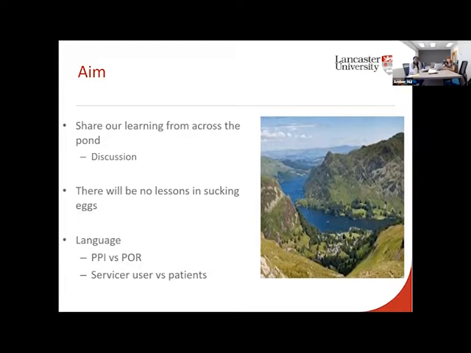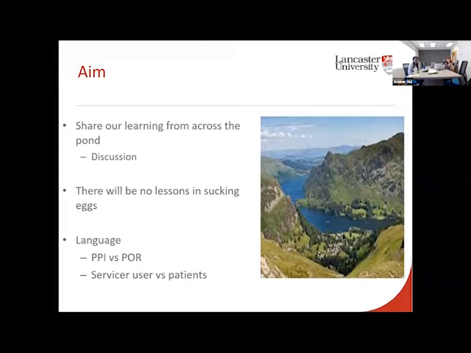Before we start, I just wanted to say a couple of things about language. I'm going to use the term public patient involvement, which is the language that we use in the UK for what I think you call patient-oriented research. Public patient involvement is defined as research carried out with or by the public, rather than to, about, or for them.